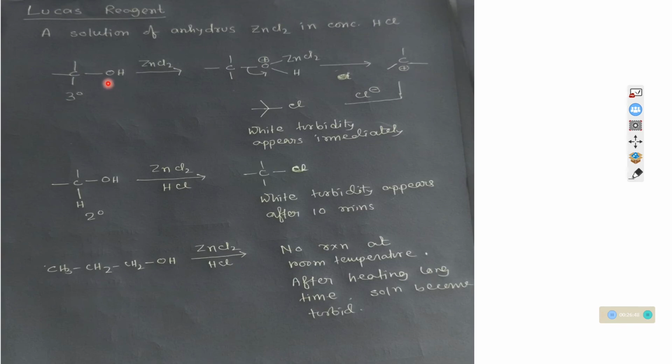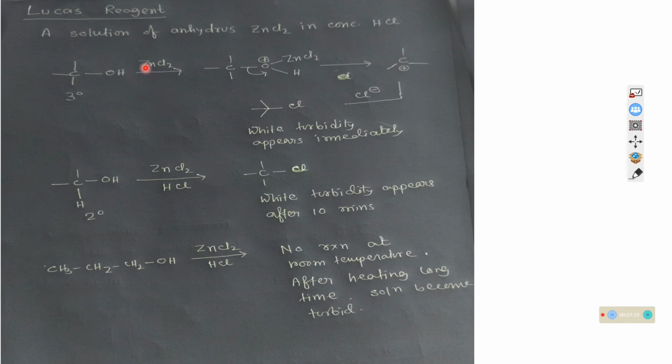And Lucas reagent. By this reagent, we can differentiate different types of alcohol: 1 degree, 2 degree, 3 degree. It is a solution of anhydrous zinc chloride in concentrated HCl. First the zinc chloride coordinates with the OH group, and then the bond breaks to form a carbocation.